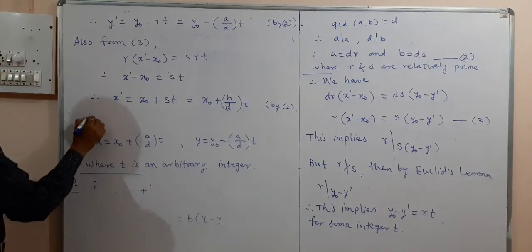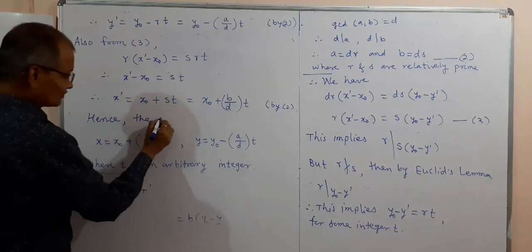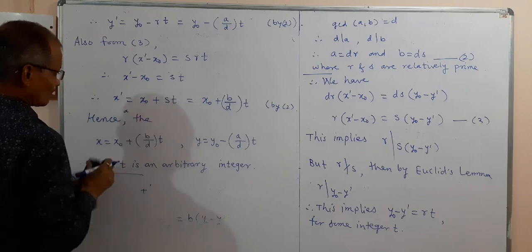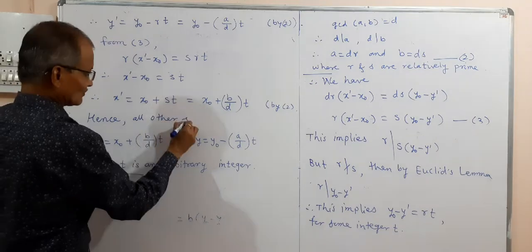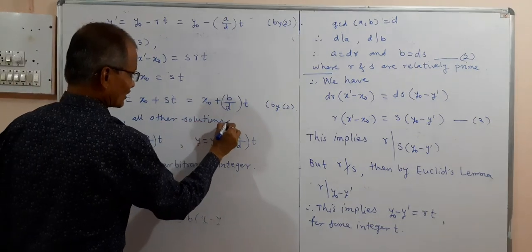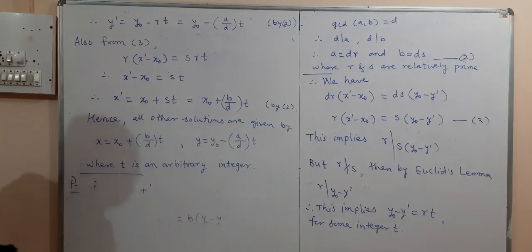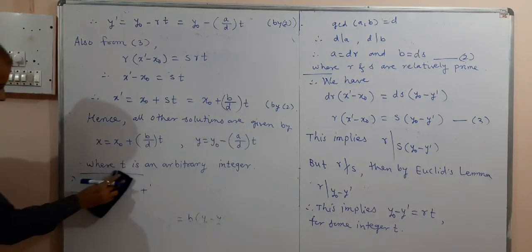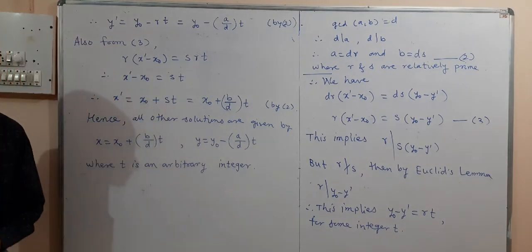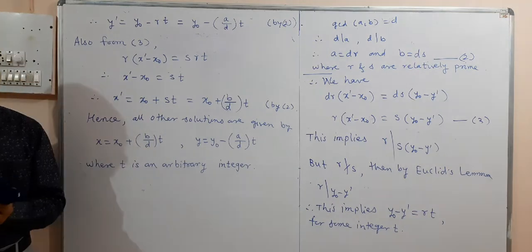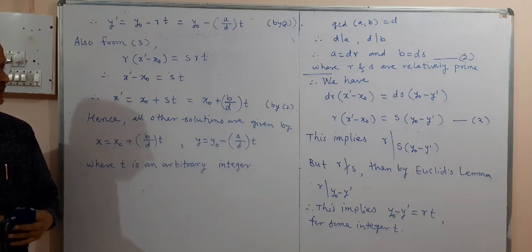And hence all other solutions are given by x and y, where t is an arbitrary integer, meaning t can take any integral value, and this proves the theorem about Diophantine equation. Now next time we shall consider an example about this Diophantine equation.